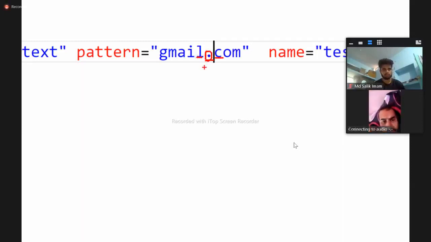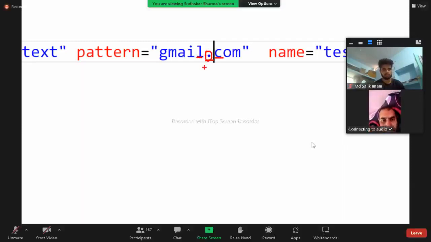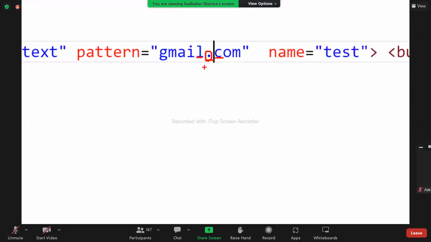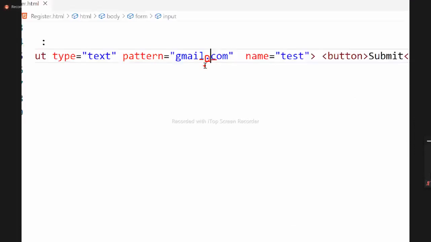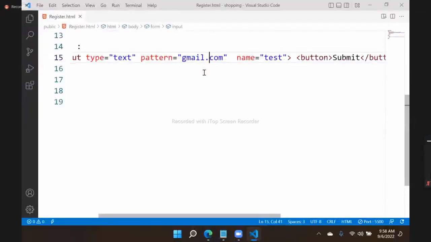But our concept is to use this dot, but the dot is used as one character, right? That means many characters, we have to use them directly as our pattern. But those characters have another functionality.